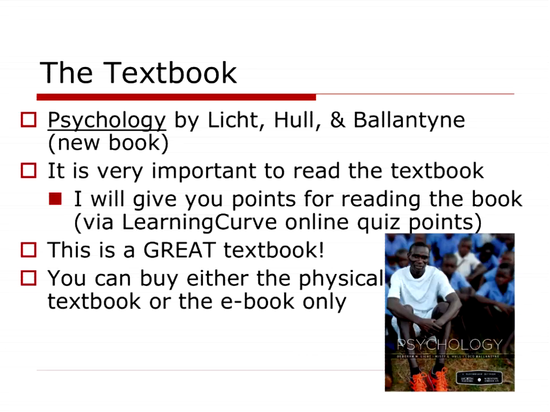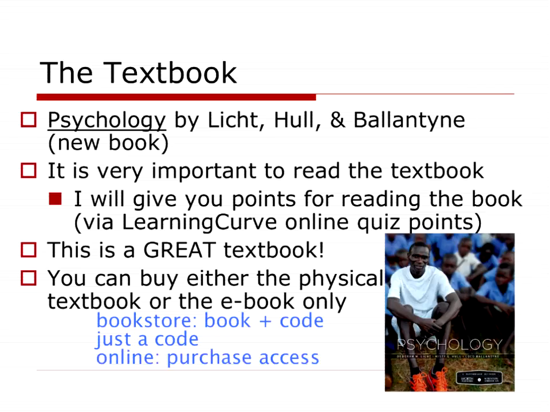In the bookstore, you have the option of going there to the bookstore and buying a book plus a code. Okay? Or you could go to the bookstore and buy just a code. Or you could go online and just purchase access directly right there online. Okay?